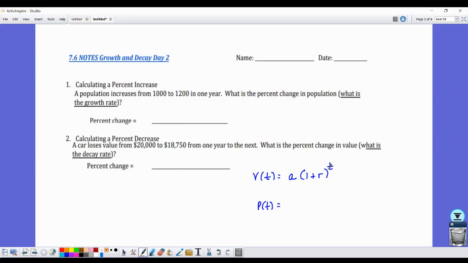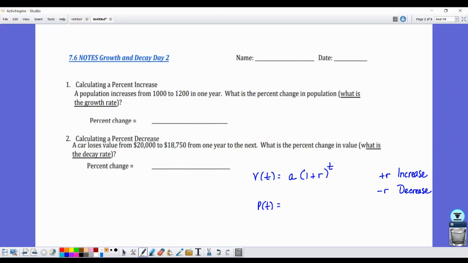And when we look at r, if r is positive, we're looking at an increase, and that's going to be growth. If r is negative, we're looking at a decrease, and that's going to be decay.